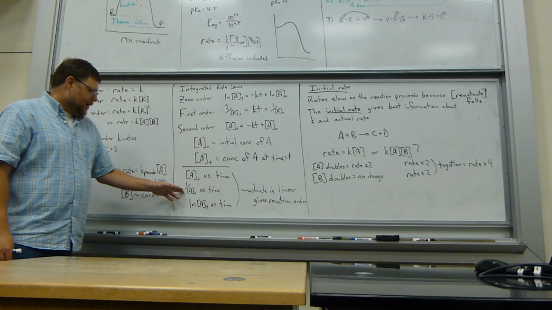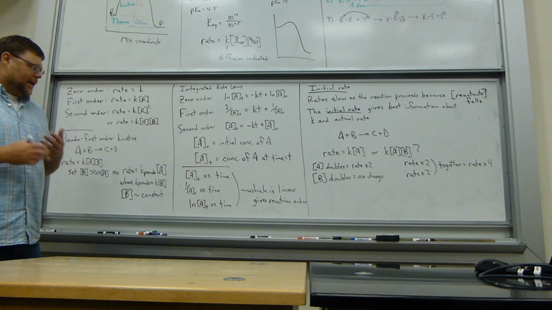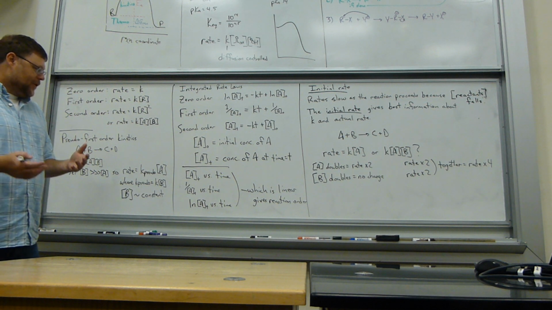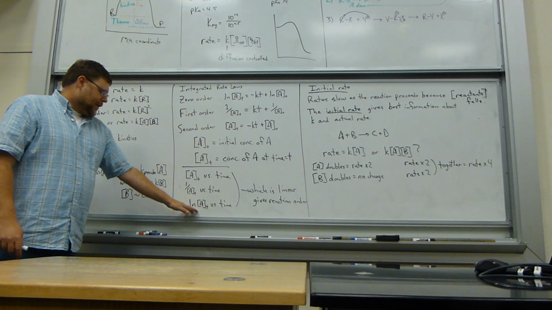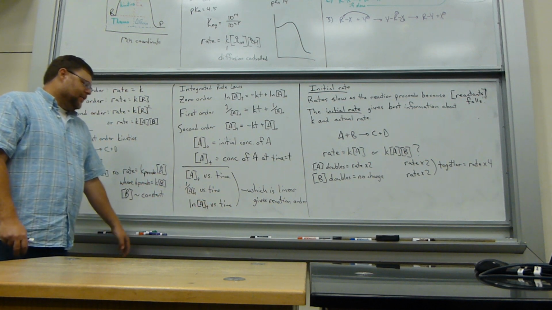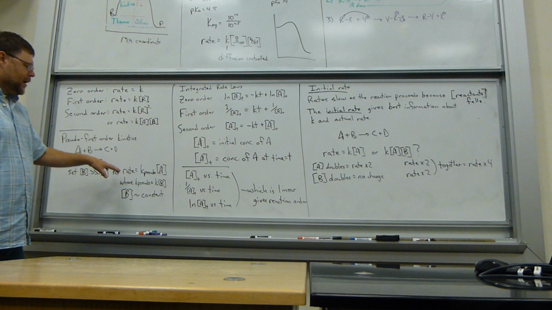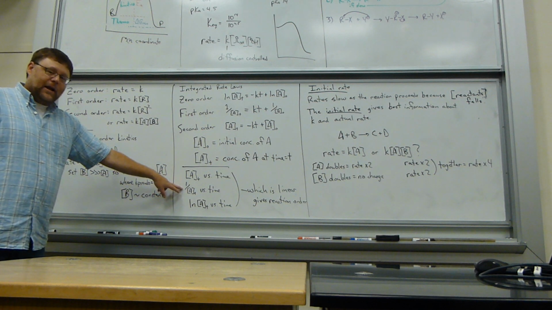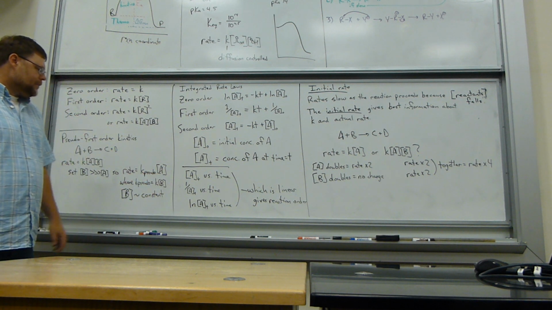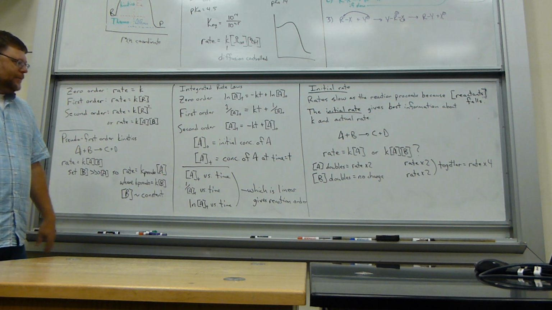If you plot the reciprocal of the concentration of A at time t versus time and get a linear plot, that's going to be a first order reaction. And if you plot the natural log of A at time t versus time and get a linear plot, it's a second order reaction. And again, if you're running under pseudo first order kinetics, it's going to look like a first order reaction, as long as you use the reagent that's in lower amount.